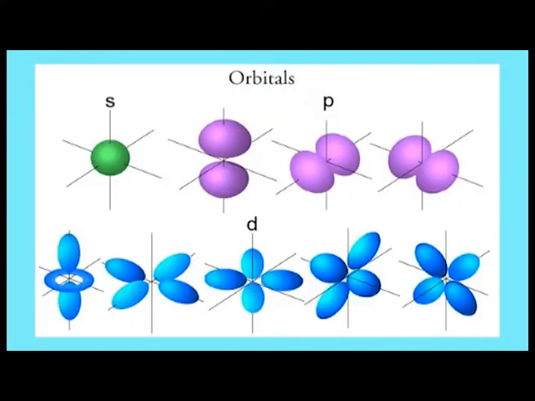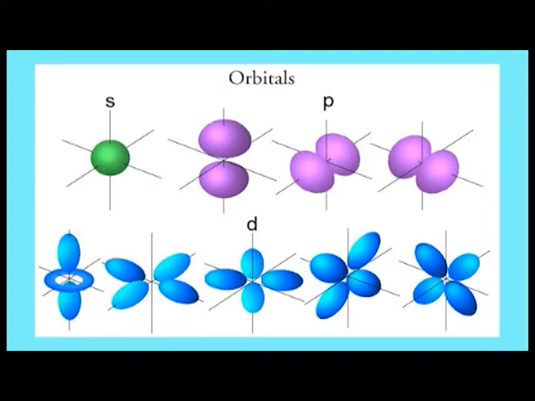As you know, s orbital is spherically symmetrical, p orbitals are dumbbell shaped, orienting towards the different Cartesian coordinates x, y and z axis, and therefore these three orbitals are called px, py and pz orbitals.